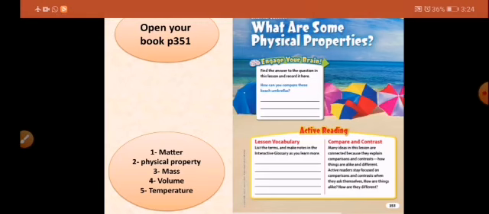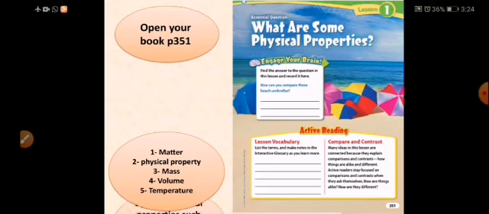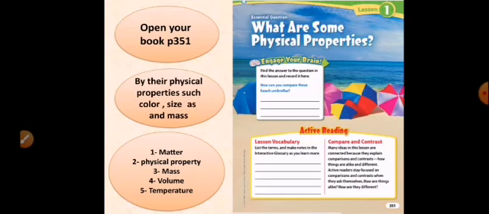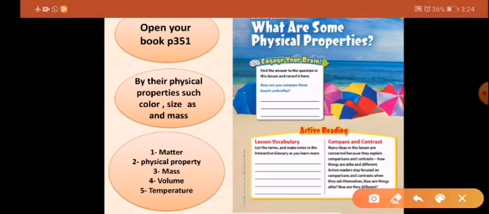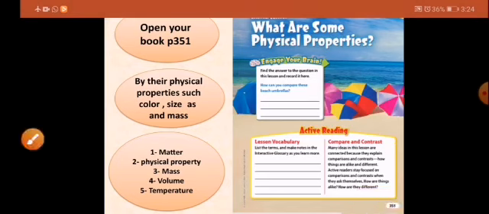We say that we can compare the different matter by their physical properties, such as color, size, mass, right? So we can compare the different umbrellas by using their physical properties. We can look at their size or color or mass to know the difference between them.